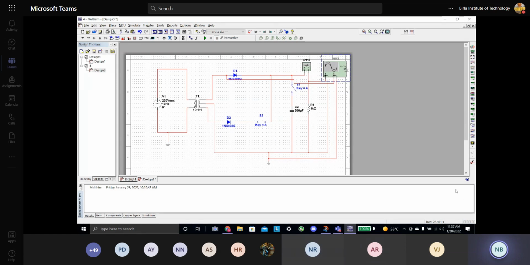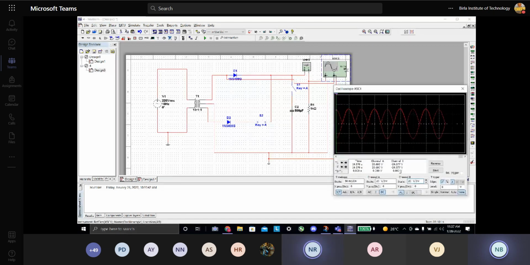And Narayan, you can shift the scales so that they do not overlap each other. That Y position you can change. Just make sure it does not overlap, so you can clearly understand.